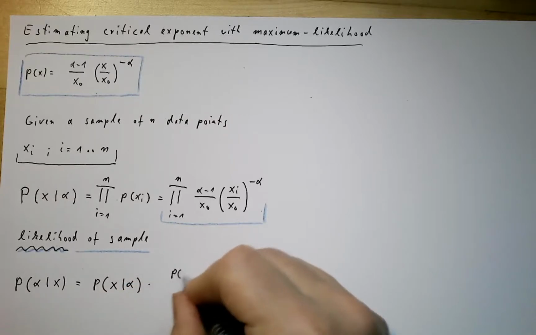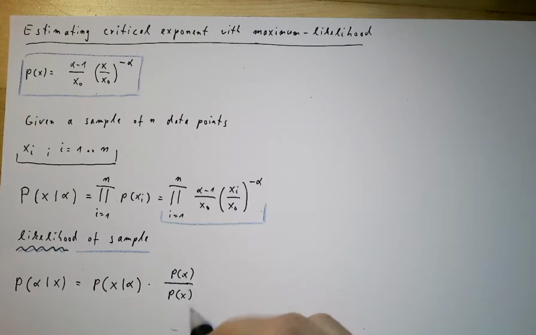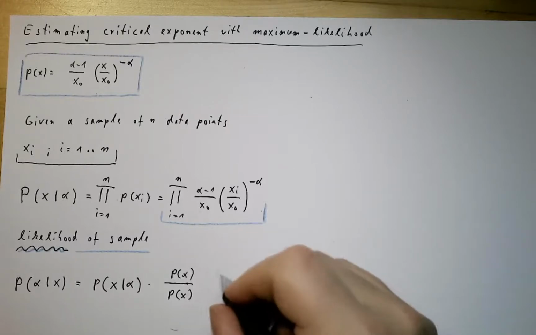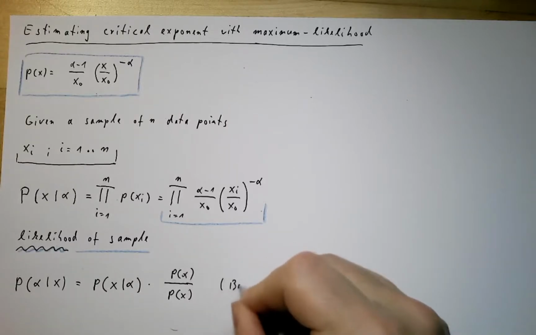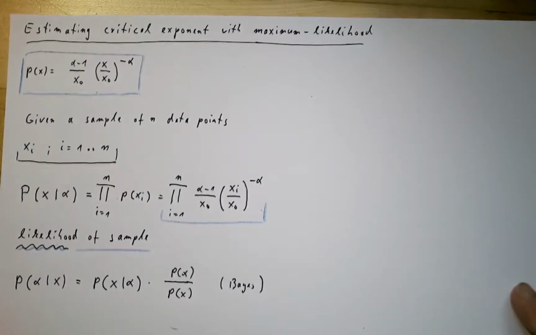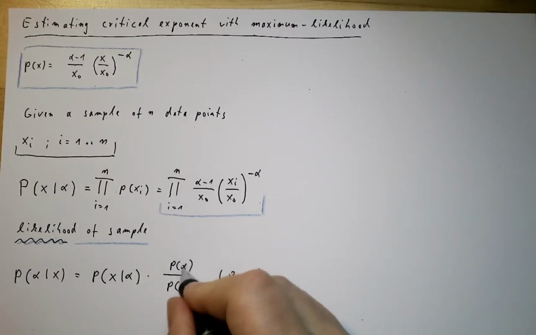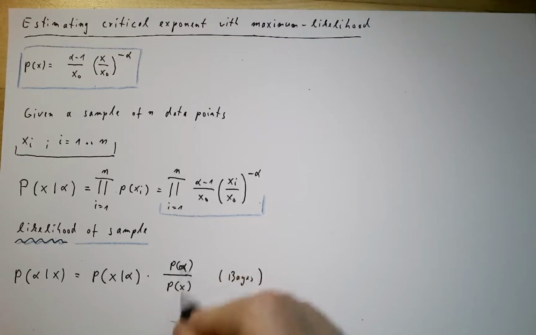But then we have to multiply by the probability of alpha divided by the probability of x. And this was if we use Bayes rule. So, this we can calculate, but now the question is, what are these two probabilities? The probability of x and the probability of alpha.